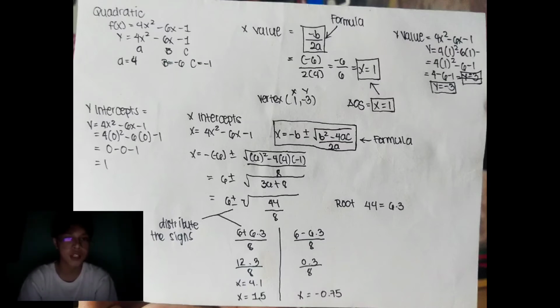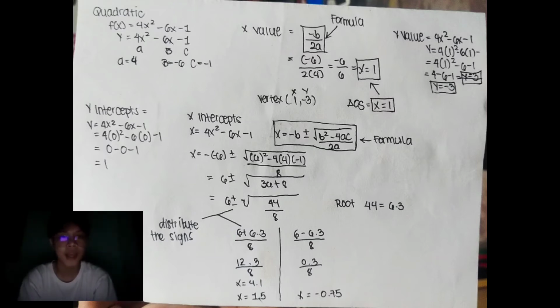Then the result is negative 1, and to get the X intercepts, you need to apply the formula X equals minus B plus or minus root B squared minus 4ac over 2a. Applying the equation into the formula, you get X equals parenthesis minus 6 plus or minus root parenthesis 6 squared minus 4 parenthesis 4 parenthesis negative 1 over 8.